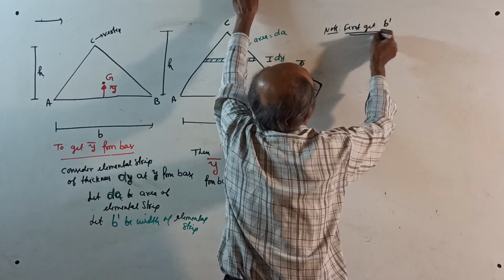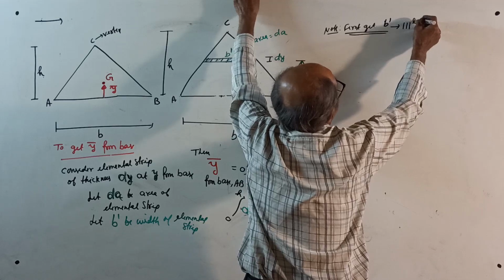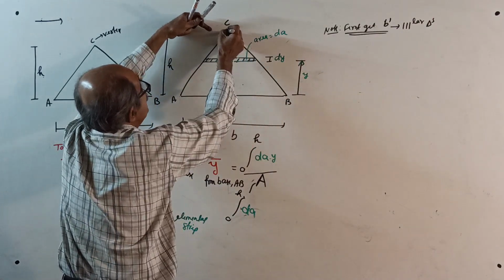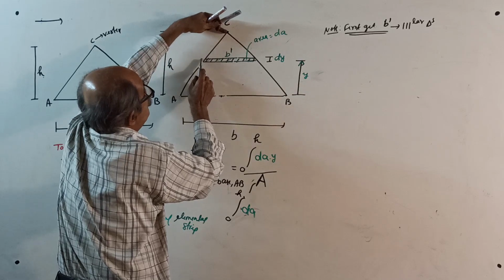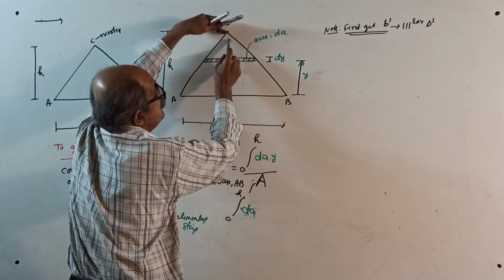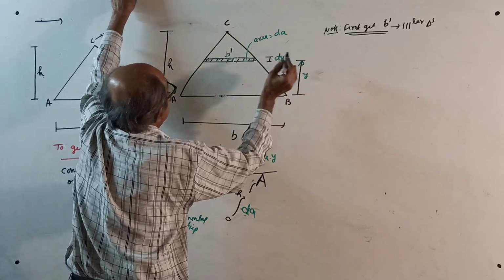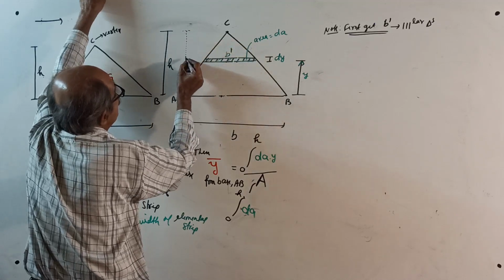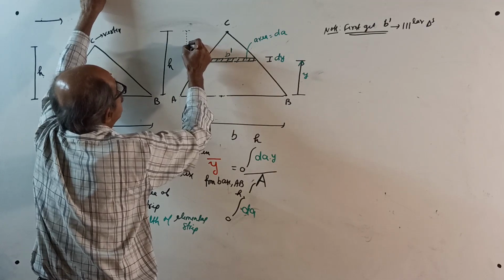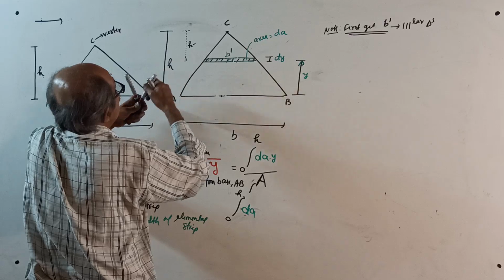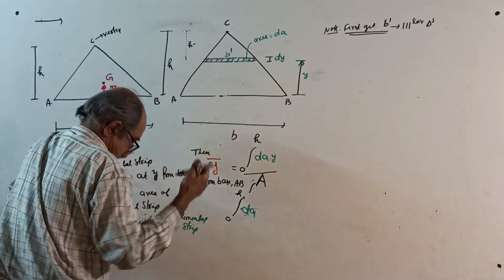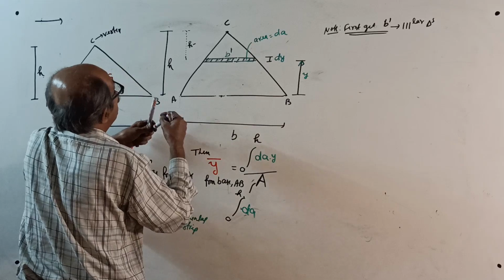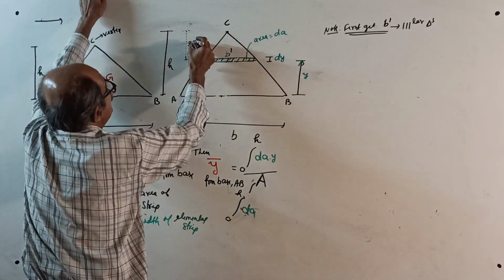First get b dash. How? Use similar triangles. Be careful. You should stand where 0 is. b dash is divided by this distance, be very careful, not y. If this is y, then this is h minus y. When this is h and this is y, anybody studying high school will tell it is h minus y.